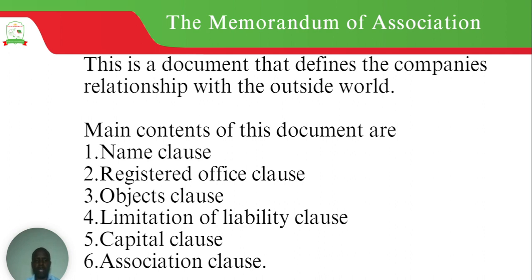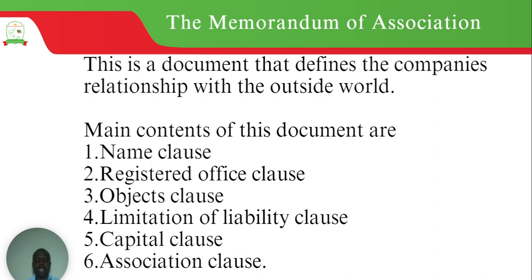And it goes ahead to explain divisions of such capital. It explains how divisions are going to be done in terms of how many shares a shareholder will be able to get. And finally is the association clause.